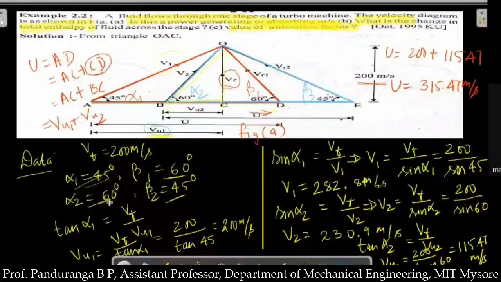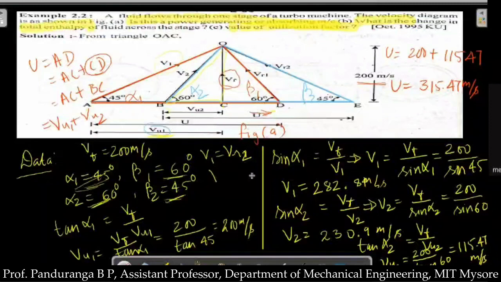And in the case of 50% reaction turbine, alpha 1 will be equal to beta 2, and V1 will be equal to VR2, and alpha 2 will be equal to beta 1, and V2 will be equal to VR1. So if you observe the velocity triangle here, it is clear that V1 will be equal to VR2 and V2 will be equal to VR1. Clearly, this is a 50% reaction turbine.